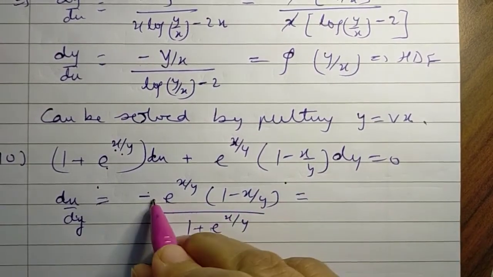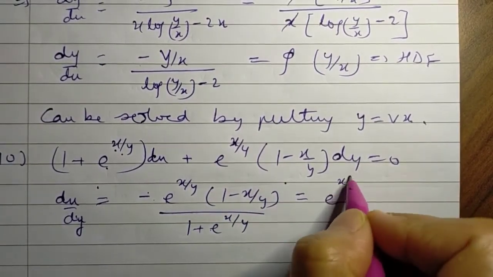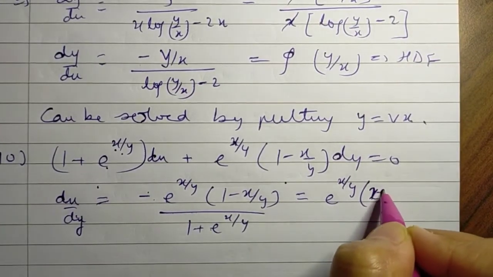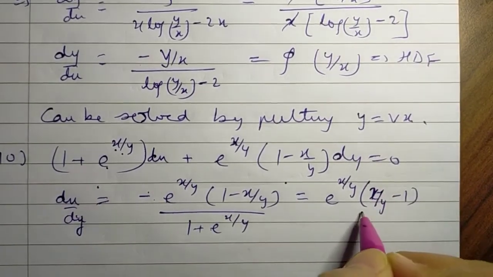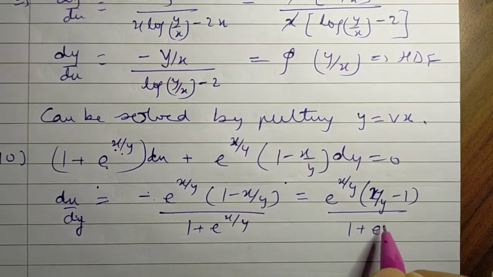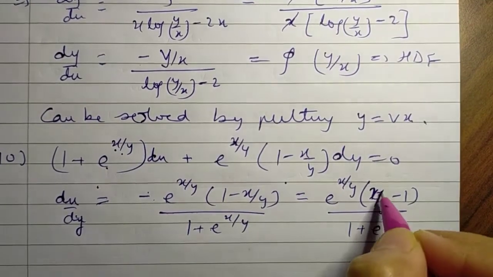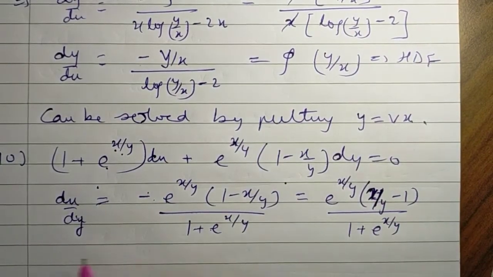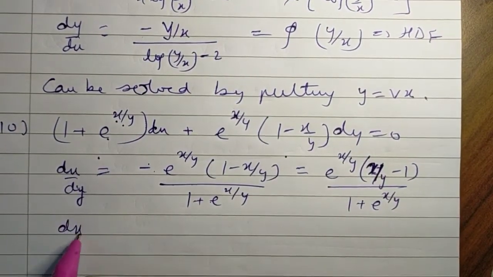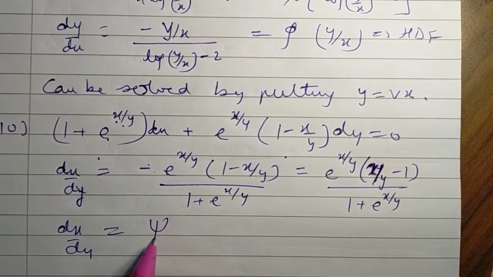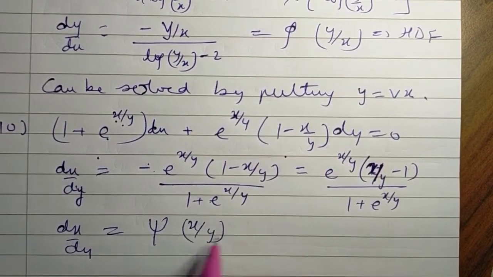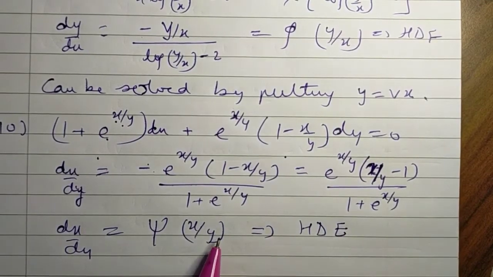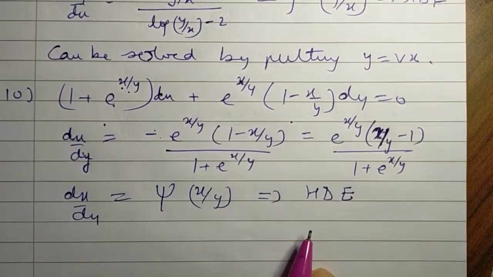I can absorb the minus here, so it becomes e raised power x by y, x by y minus 1 whole upon 1 plus e raised power x by y. So clearly we get dx by dy is purely a function of x by y, and this is a homogeneous differential equation of x in terms of y.